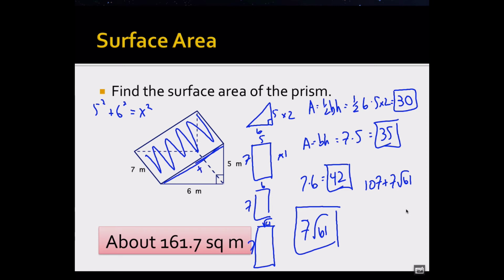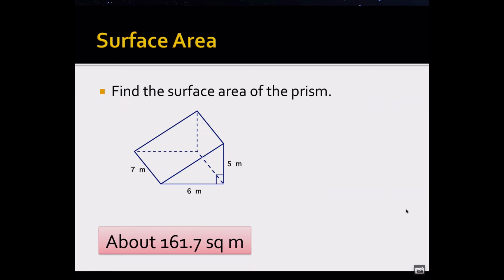Okay. The other technique then, we would do the formula. The surface area would be 2B plus P times h. You'd have to find the missing side, so we know the area of the base as a side calculation would be 30, so it would be 2 times 30. But again, you'd have to come over here and do area equals 1/2 base times height, which is 1/2 times 6 times 5.